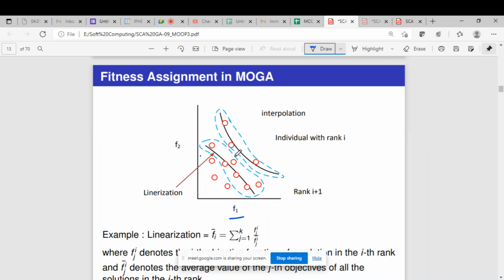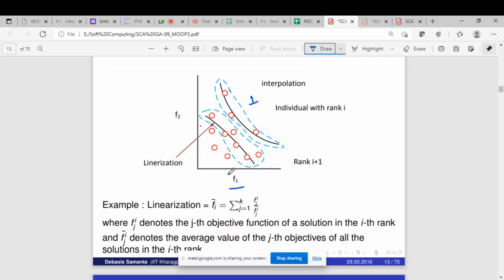So the individuals lying on this Pareto optimal front will have rank 1. Similarly, the individuals lying on this Pareto optimal front will all have the same rank. So there will be multiple individuals with the same rank.